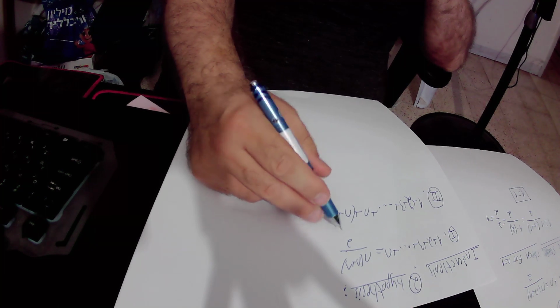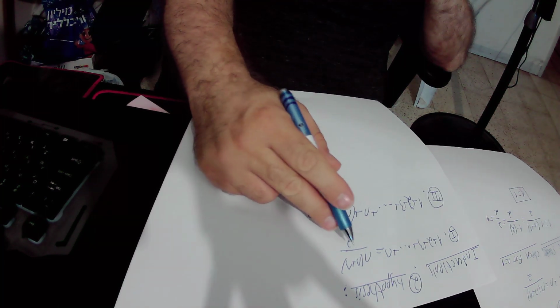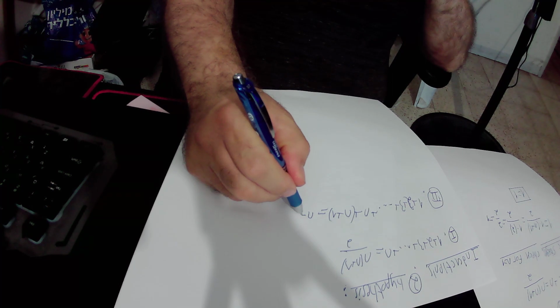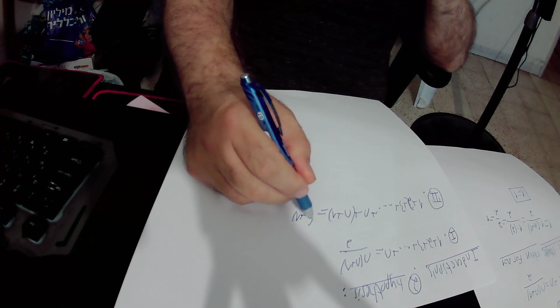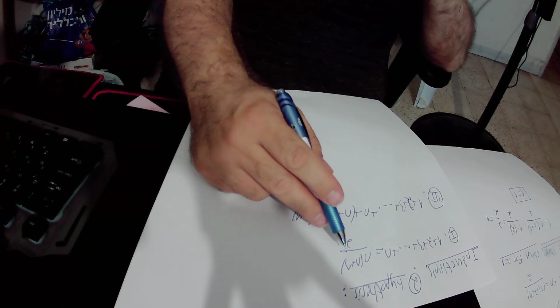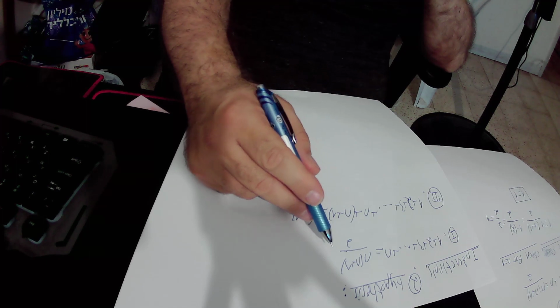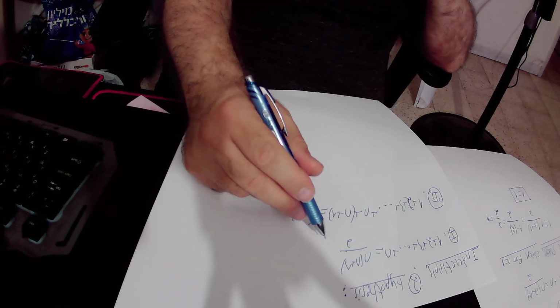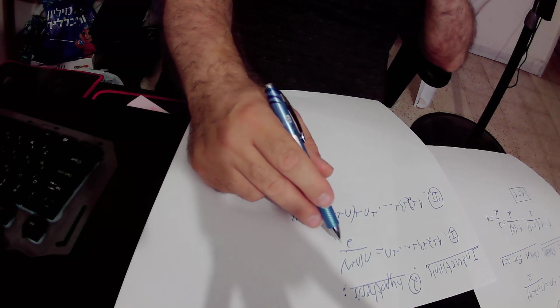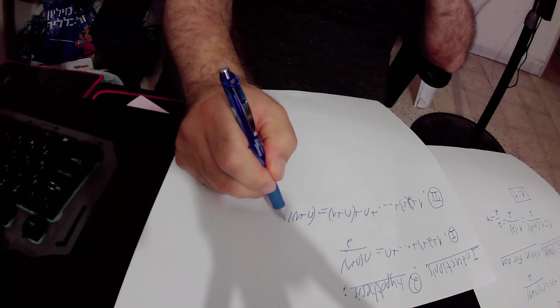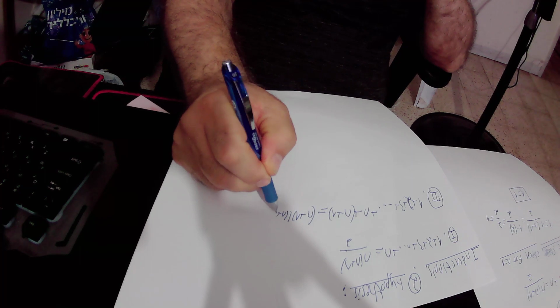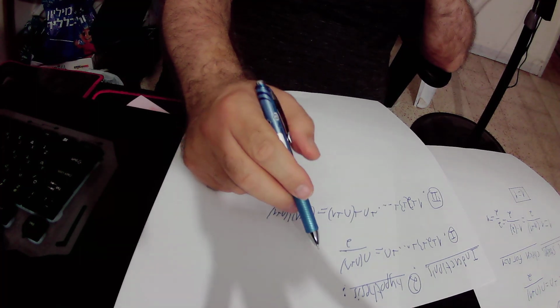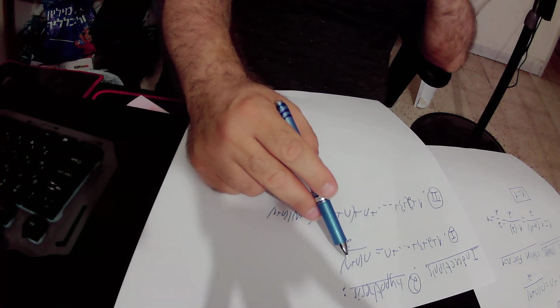So if in the original statement is written n, we will write n plus 1 times n plus 1. So instead of n, we will write n plus 1, and in the original expression we have n plus 1.